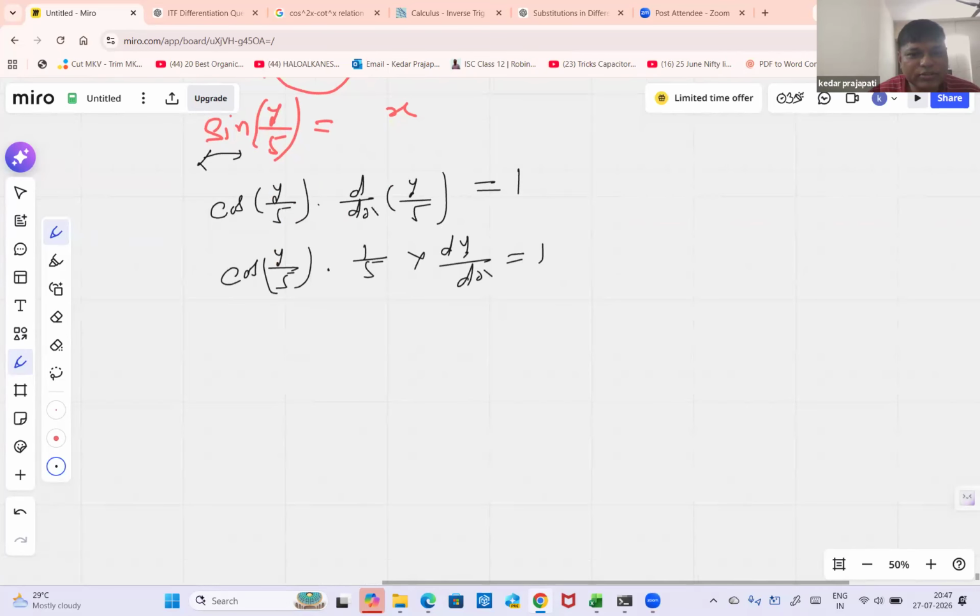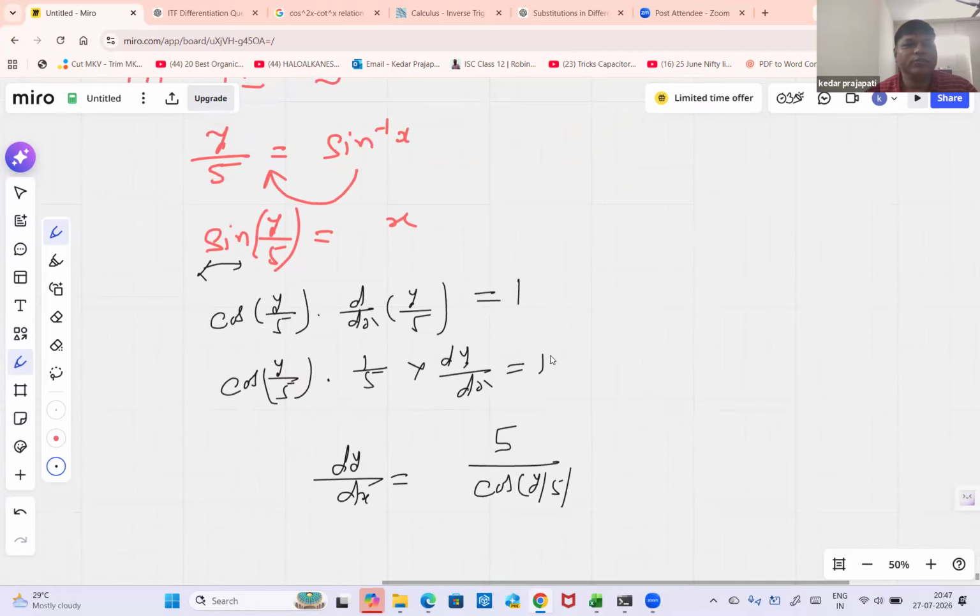So from here dy by dx will be how much? 5 will go up, cross multiplication, 5 by cos y by 5. But in the question cos is not there.